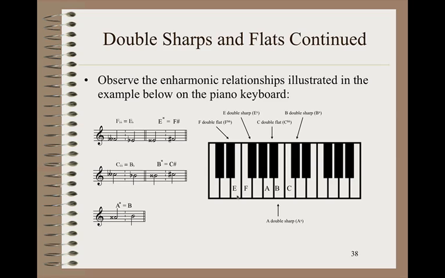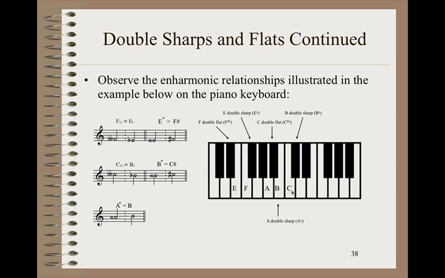So let's take a look at that. Here's E, and then if we go one half step, it would just be plain F. And then if we go another half step up to this black key, it would be F sharp. So an E double sharp is the same as an F sharp. Here's another example. C double flat is the same as B flat.